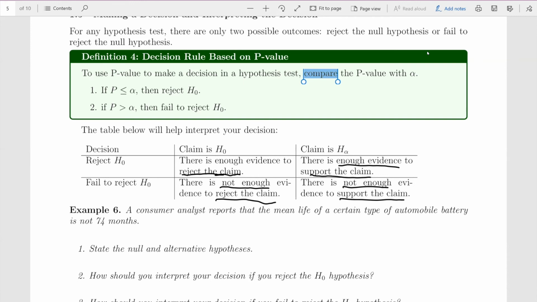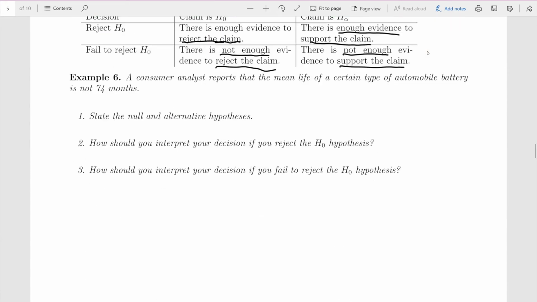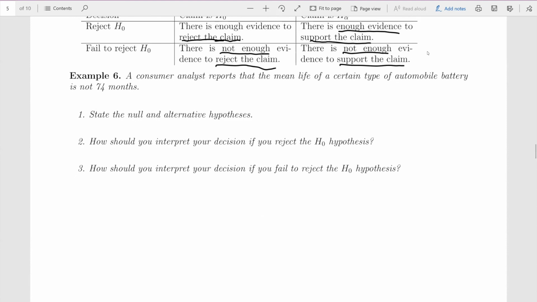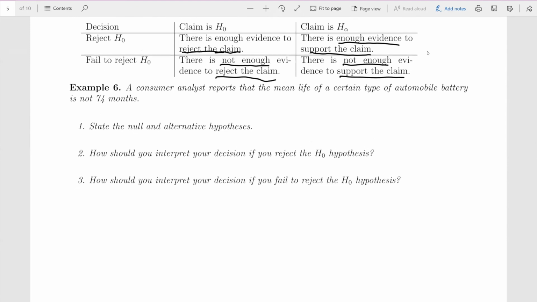All right, let's look at an example. Let's say a consumer analyst reports that the mean life of a certain type of automobile battery is not 74 months. So the mean life is not 74 months.